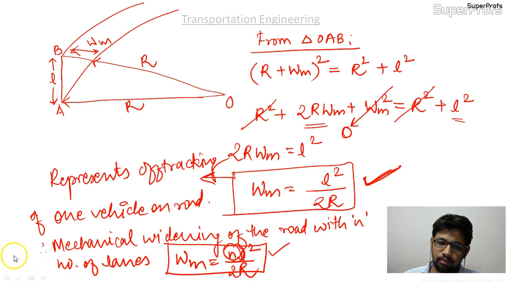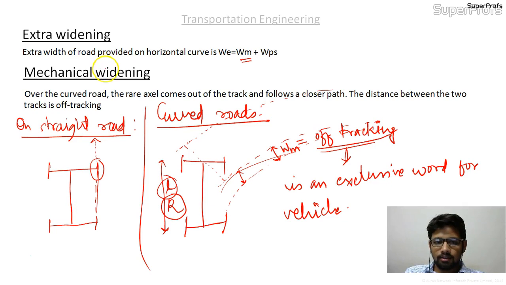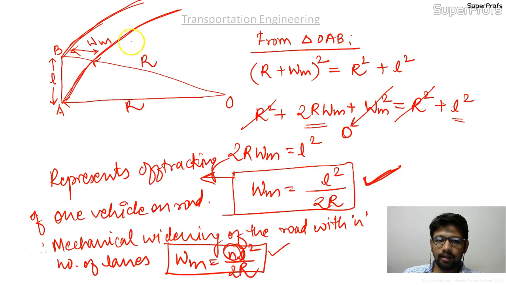I hope you understood from where we have drawn this diagram. This is the front right wheel, and this one is the trajectory taken, the track followed by the rear right wheel. We are drawing the trajectory for these wheels, the trajectory taken by the front right wheel and by the rear right wheel.